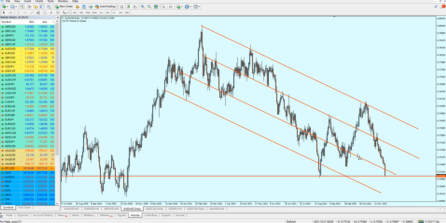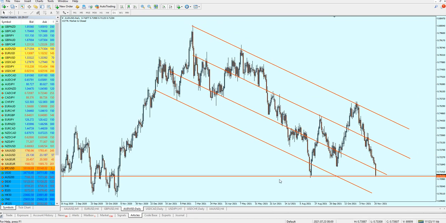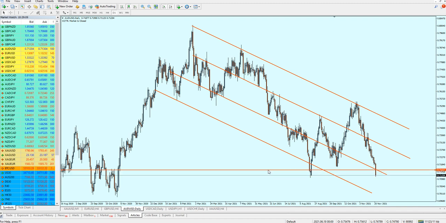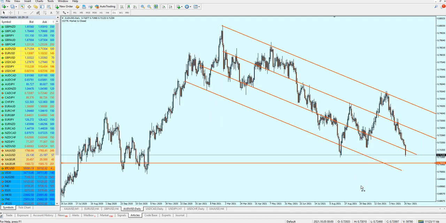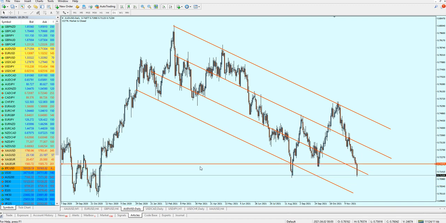All right, so the channel has been breaking out from, so most likely the pair will indeed be good for the sell right here, but however still we are facing a support level. It's way oversold now. I don't think it's wise to sell the AUD USD. It's way oversold. Should be good for the buy now, but where?